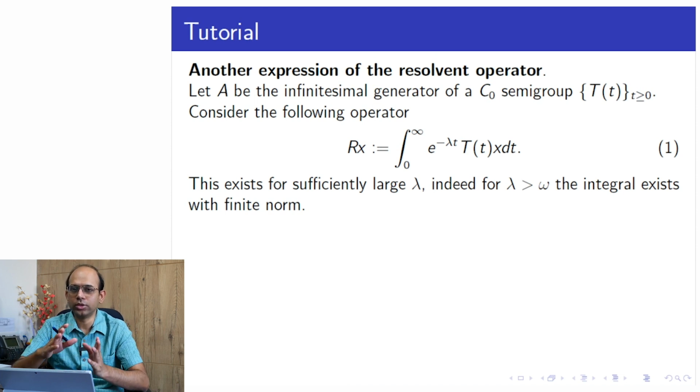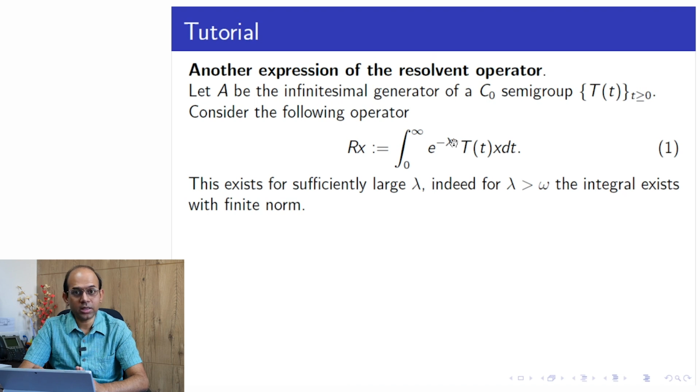We have written it in the following manner: capital M times e to the power of omega t. So norm-wise, this can be upper bounded by M times e to the power of omega t.